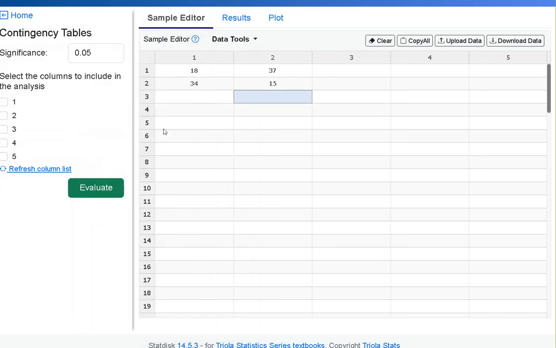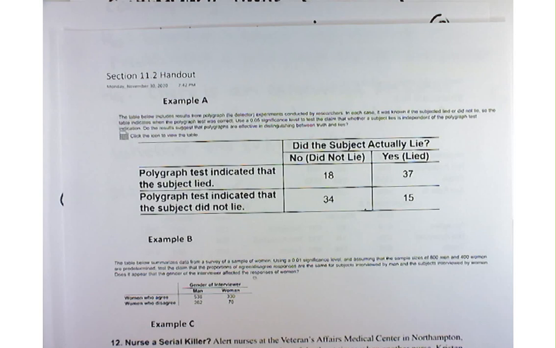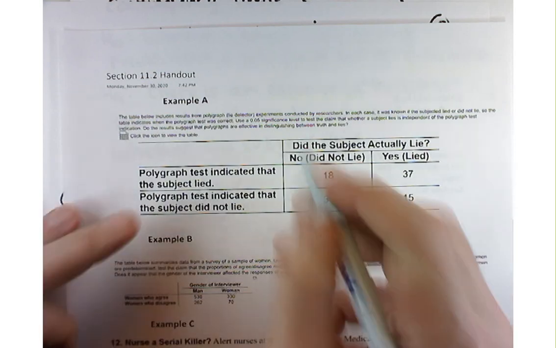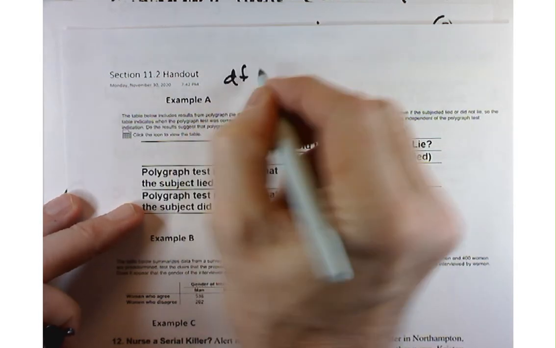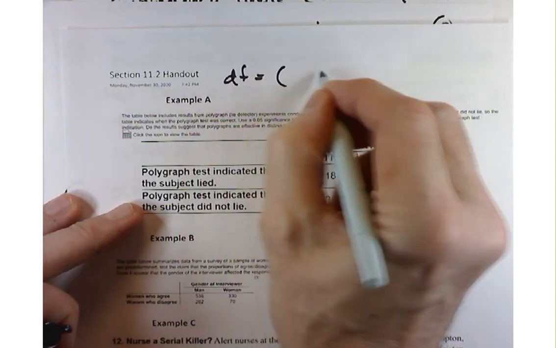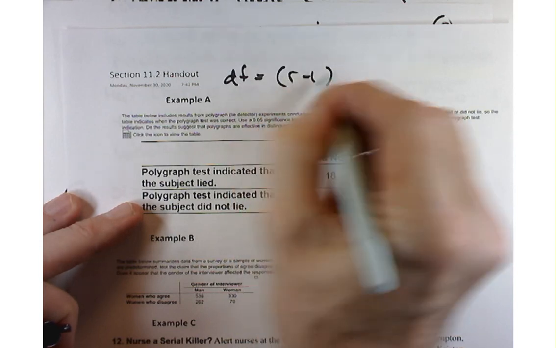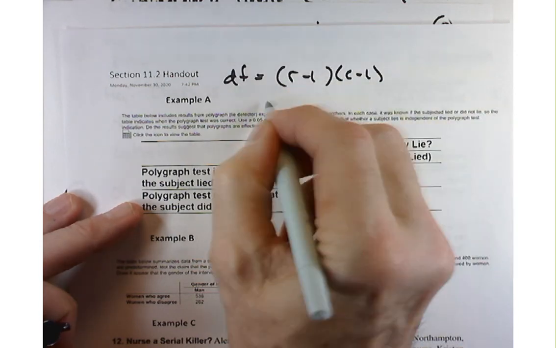And as far as it goes, it's not that hard to perform this analysis. So we want to select our columns, which are 1 and 2. Now, if you want to end the suspense a little bit early, we've got 2 rows and 2 columns. Let's see if we can predict our degrees of freedom. Remember, it's going to be rows minus 1 times columns minus 1.